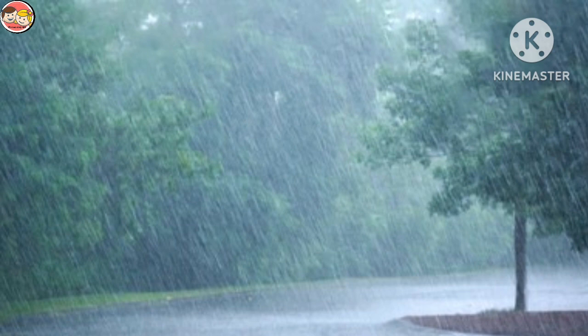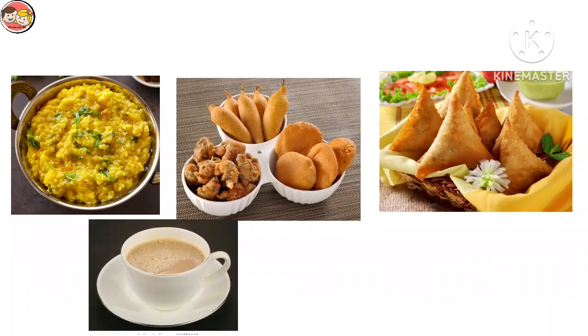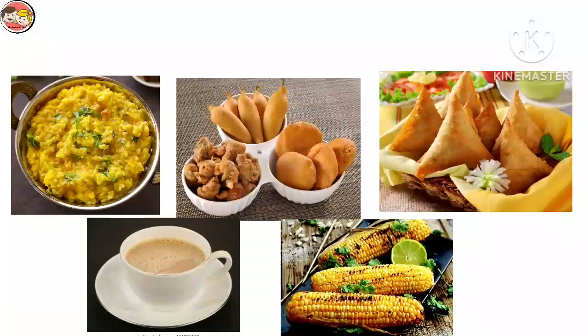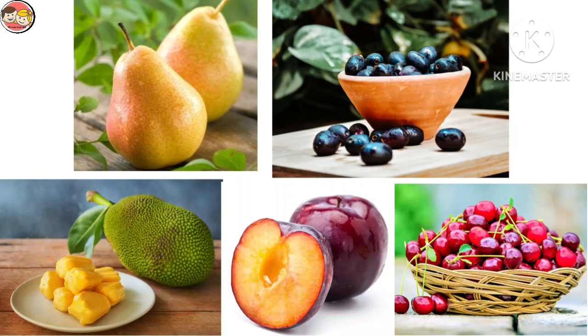So that's why in this season we mostly like to eat khichdi, pakora, samosa, hot tea, corn, etc. And look here are some fruits that we get in the rainy season that can improve our immunity, such as pears, blackberry, jackfruit, plums, cherries, etc.